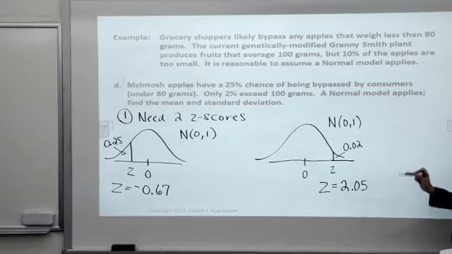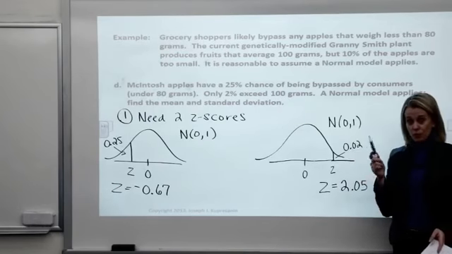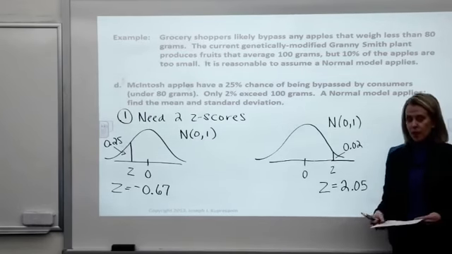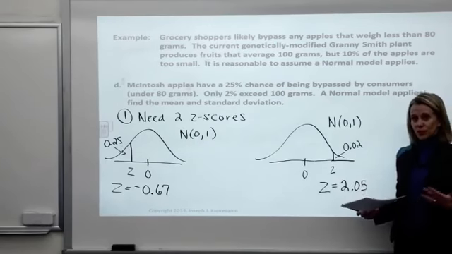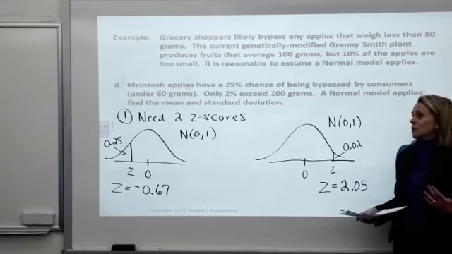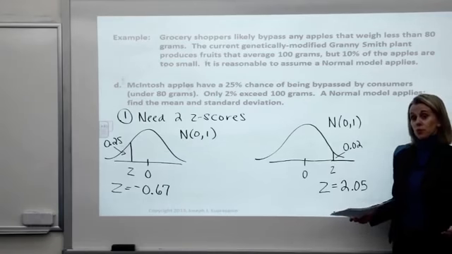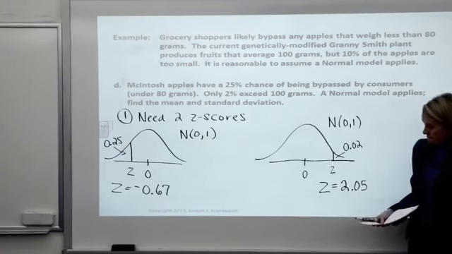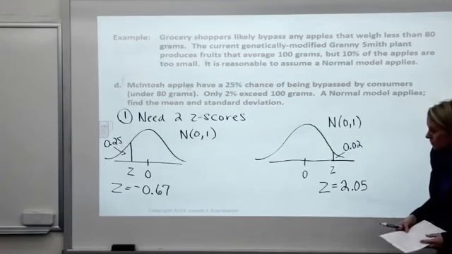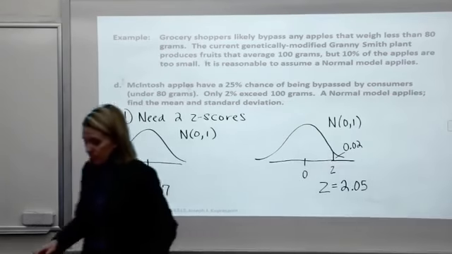Okay, so now we have our two z-scores. I'm going to go ahead and set up those two z-score formulas. And again, there's multiple ways to solve those, but my strategy is going to be to solve both of those equations for mu. And we'll go from there. So let me get a blank page here.